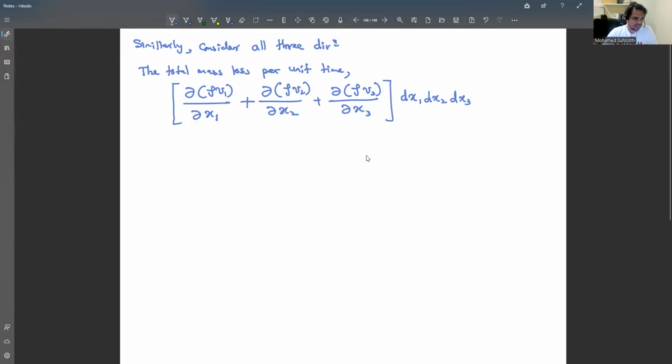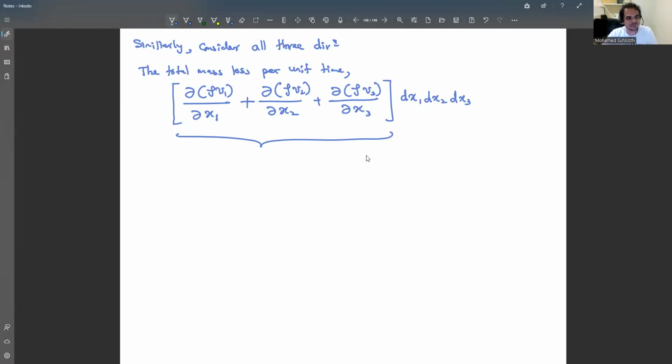What is this one? This is something we already discussed. If you write it in index notation, what is this actually?